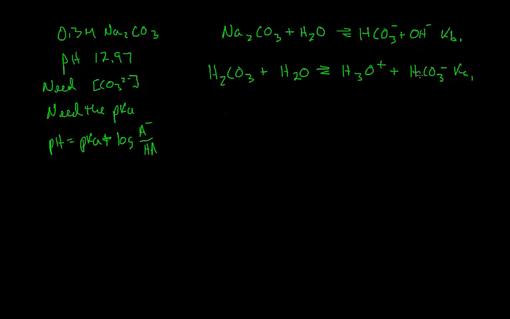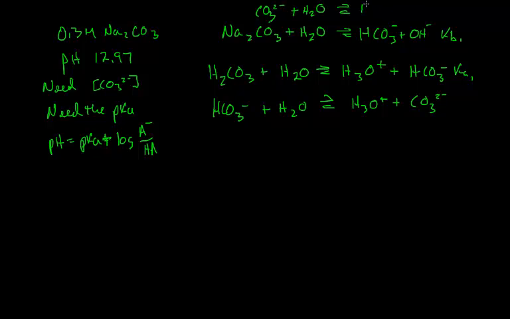So if we take HCO3 minus plus water, it dissociates into H3O plus and CO3 2 minus. Now we see, okay, here's our base, here's our acid, here's our base up here. This could be written as CO3 2 minus plus water is in equilibrium with HCO3 minus plus OH minus.